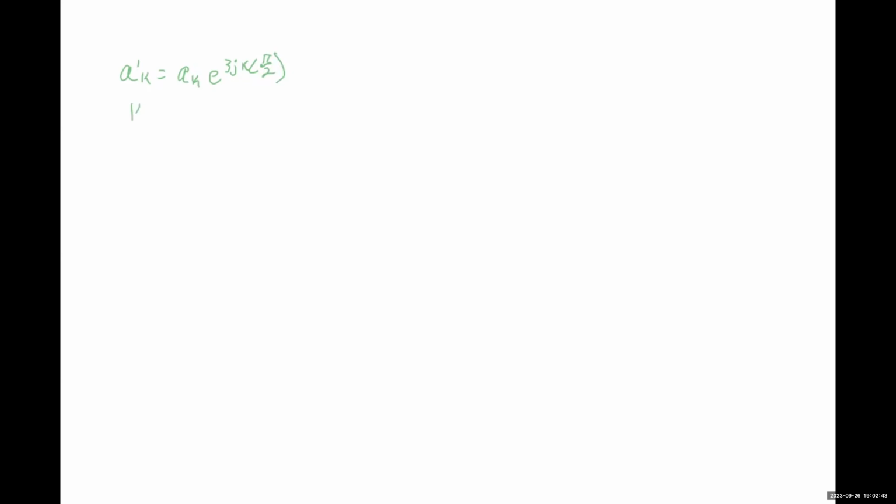And now we're going to evaluate at k equal to -6, 0, and 2. So A prime of -6 is going to be A of -6 times e to the 3jk pi over 2.